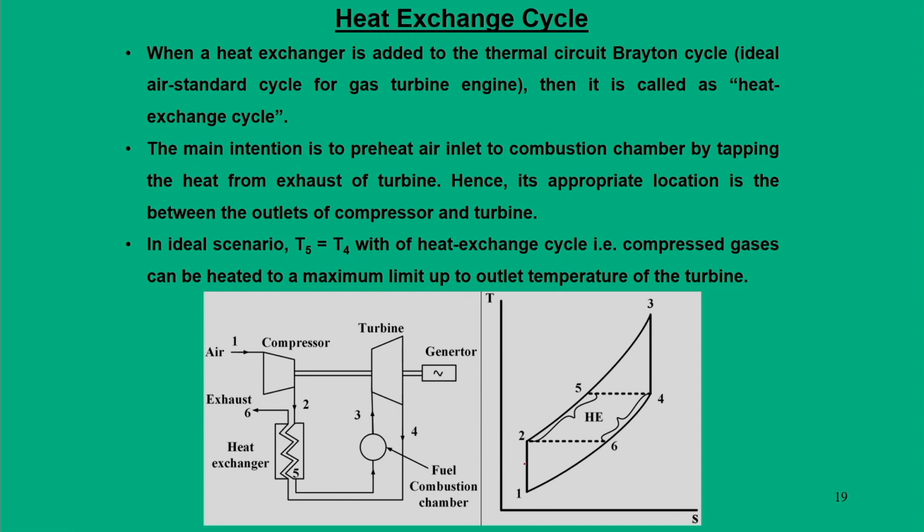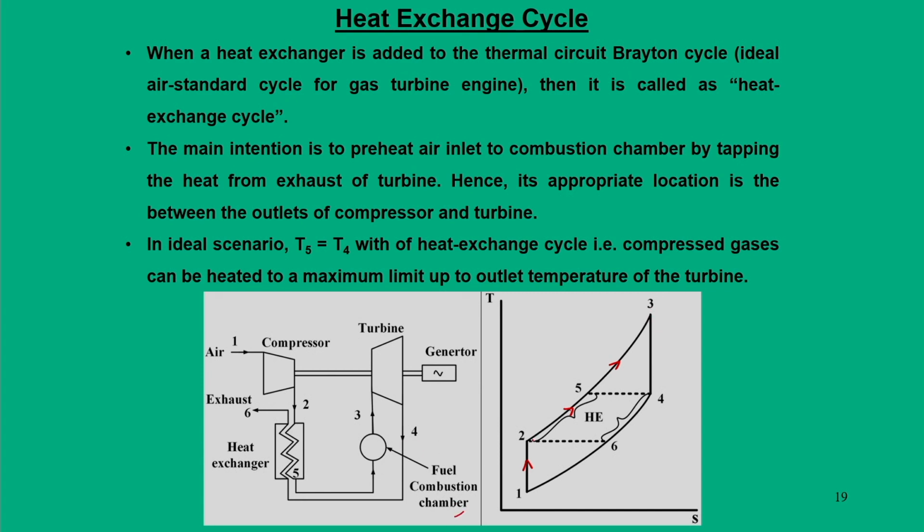So, you have 1 to 2 as the compression process, then 2 to 5 is a heat exchange process, then 5 to 3 is a heat addition process. So, heat addition is done in 2 parts, one is the preheating part, the other is through the fuel combustion chamber.